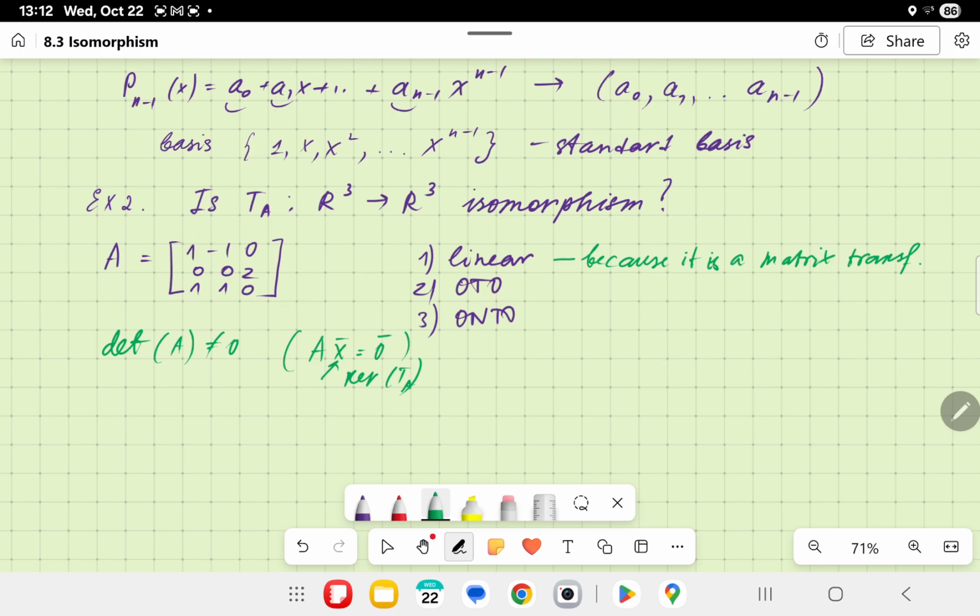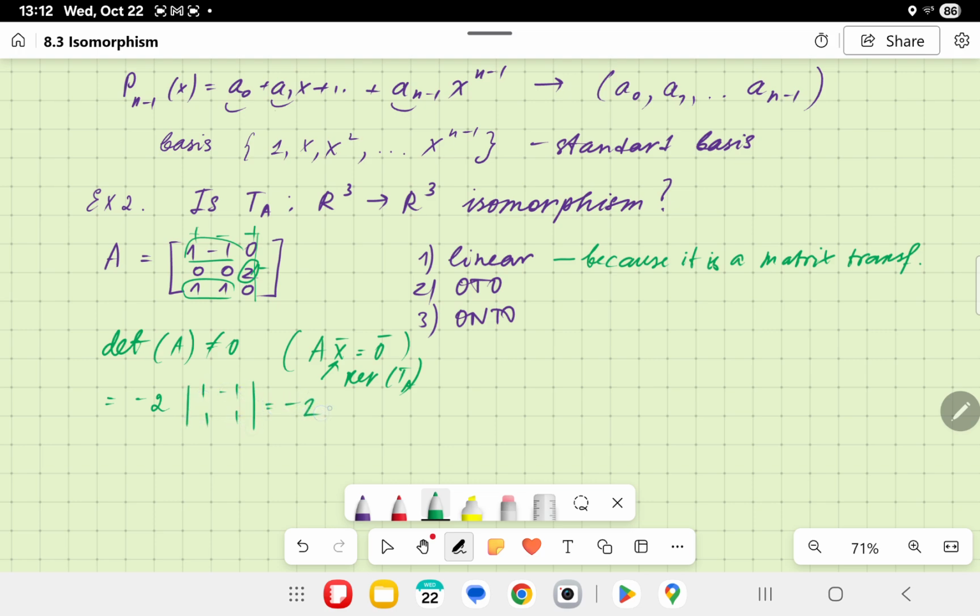Let's calculate the determinant. I'm going to use the last column to calculate the determinant. So plus, minus, plus, I'm going to expand by the last column. So the determinant is going to be minus 2, this element, others are zeros, times the determinant of the remaining matrix, which is going to be the determinant of 1, minus 1, 1, 1.